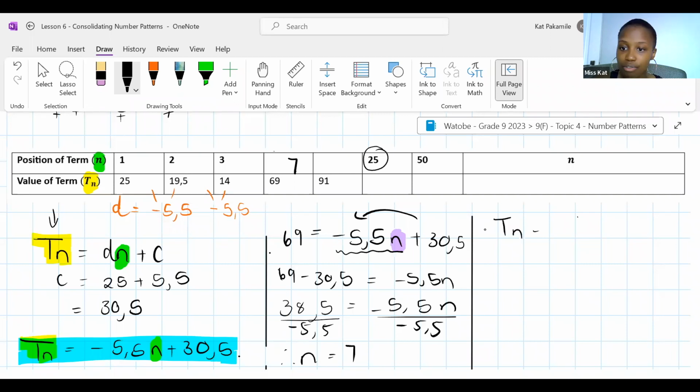Negative 5,5 plus 30,5n, excuse me. In this case, instead of substituting by Tn, we substitute by n. Do you see the difference? Yes, ma'am. So we are still substituting.